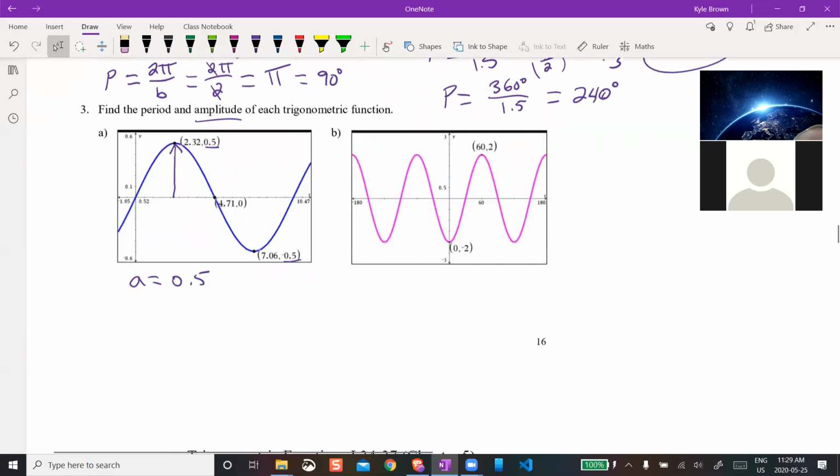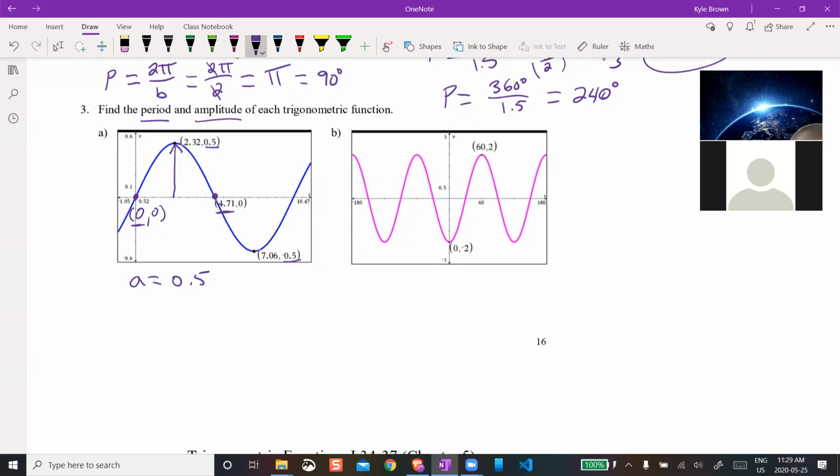Now, let's find the period of this guy. The period is going to be, where does this thing repeat? I'm going to make the assumption that this thing crosses through 0, and then they've given me this point here. So it goes from the point 0, 0, where my x value is 0, to this point where it's 4.71.